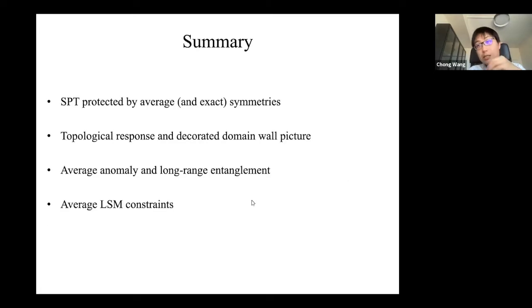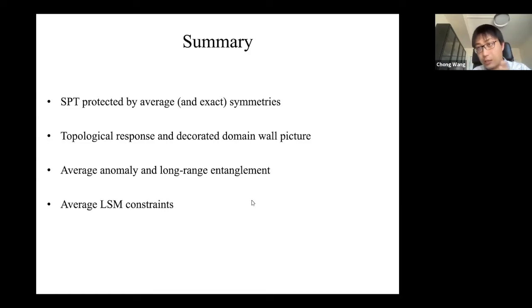All right, so I think time-wise I'm doing fine. So here's the summary of what I've told you so far. The main message is that SPT and the anomaly make sense even for exact symmetries, and even for average symmetries.